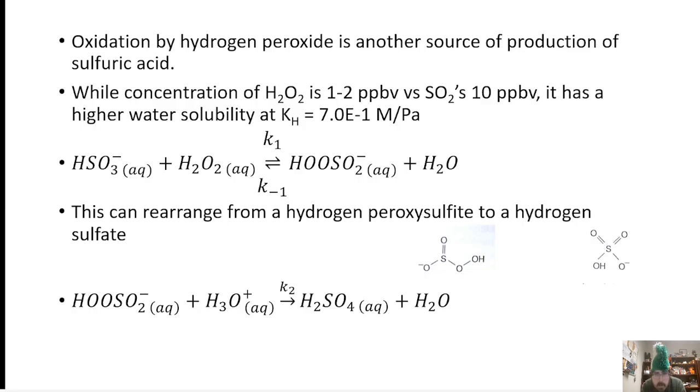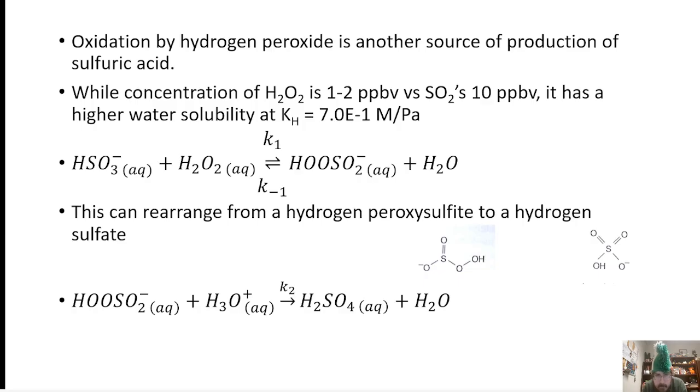And this hydrogen peroxysulfite can rearrange into hydrogen sulfate. So I'm just showing you what the structures look like. The hydrogen peroxysulfite looks like the left structure. It rearranges, moving an oxygen over to form the hydrogen sulfate, as you see there.